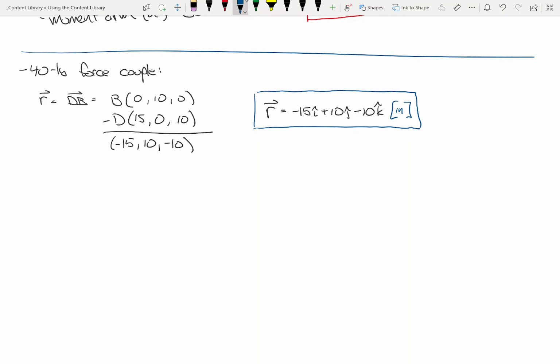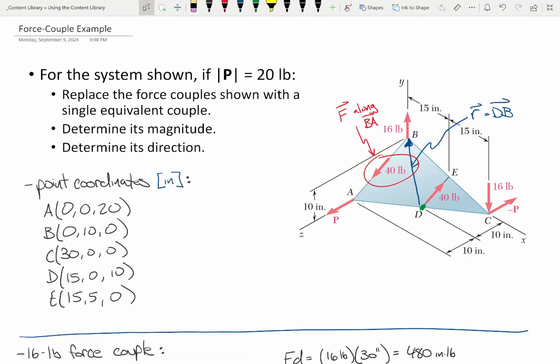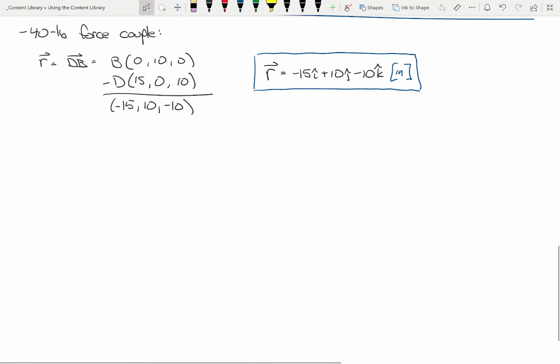Now the force vector we said was along line BA. Remember that? Here, I'll scroll up a little bit. All right, here we said the force vector is along BA. So we're going to get BA, divide it by its own magnitude, and multiply that unit vector times the magnitude.